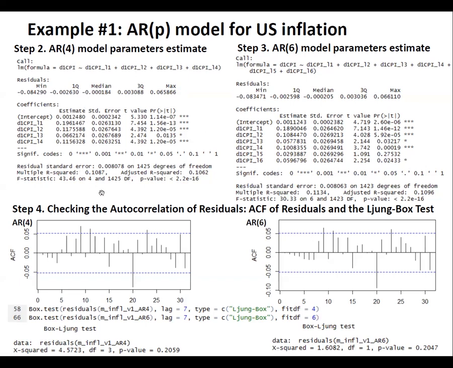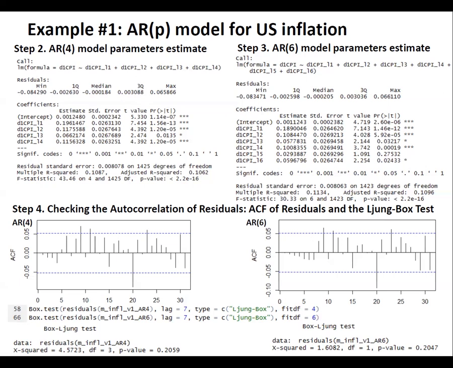Here is given a distribution of residuals of this model, and here are the coefficients. Intercept is our parameter A0 of the autoregressive model. Estimates, standard errors, t statistics, and significance.